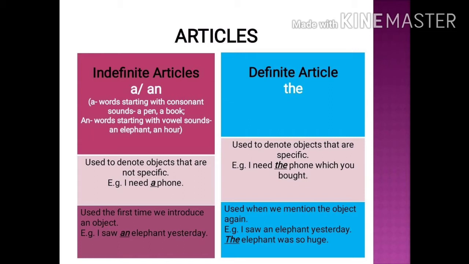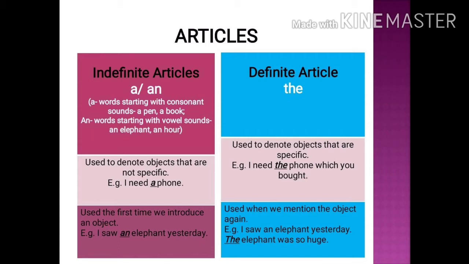See the example given here. I need a phone. When I say a phone, I mean that I am okay with any kind of phone. I am not particular about the type of phone which I need. So, indefinite articles are used to denote things that are not specific. You are not particular about the noun used there. Now look at this.